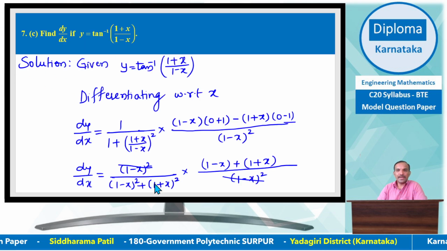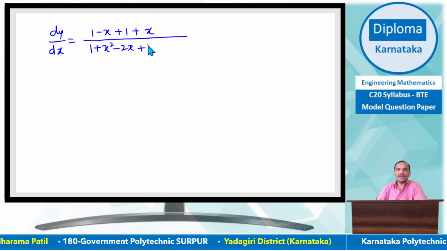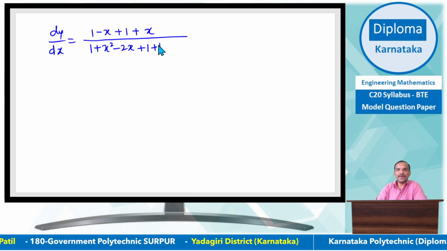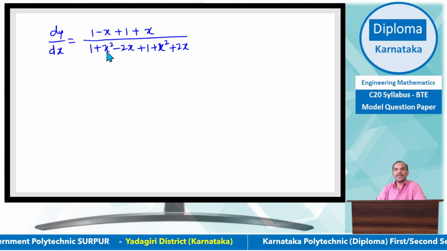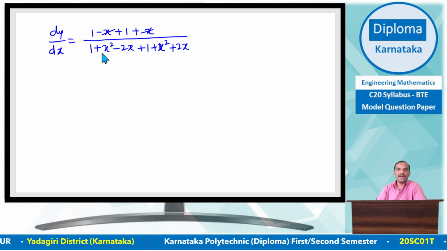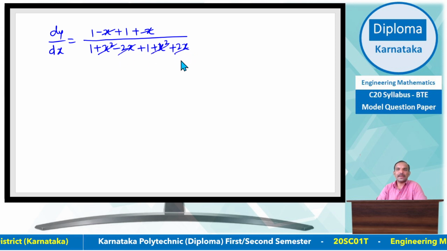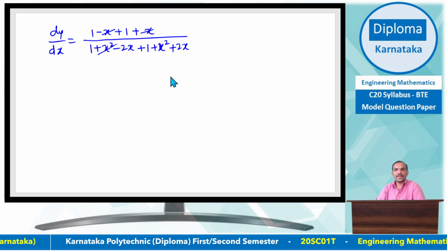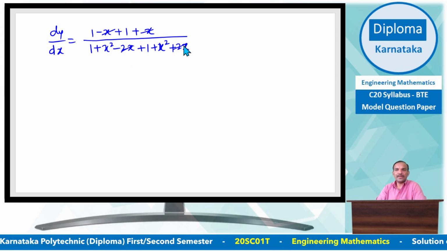Next, plus (1 plus x) whole square, (a plus b) whole square is a square plus b square plus 2ab, that is x square plus 2x. The minus x and plus x cancel, x square cancels, 2x and 2x cancel.